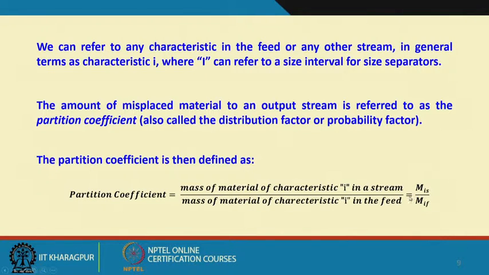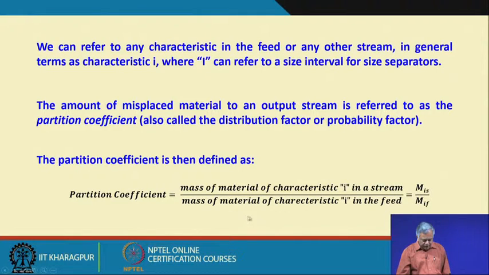It is not a single oversized or undersized. So, we can report it as MIS, that is the mass of material of characteristic I in a stream, and MIF, the mass of material of characteristic I in the feed. The stream could be overflow or underflow.